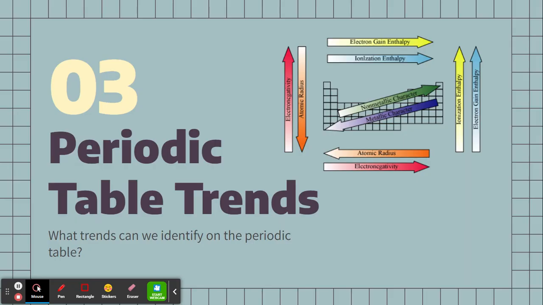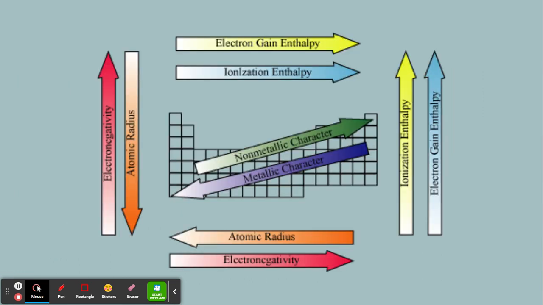Chapter 3, Periodic Table Trends. What trends in terms of electronegativity, atomic radii, and ionization energy will be present on the periodic table? First, let's define those terms. Electronegativity refers to the ability of an atom to attract electrons to its valence shell.